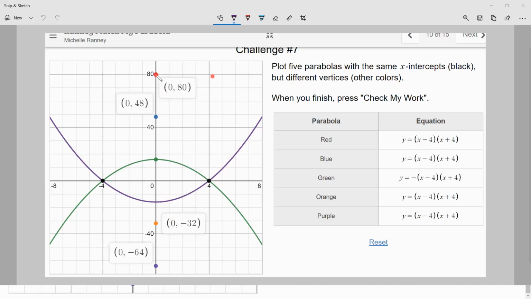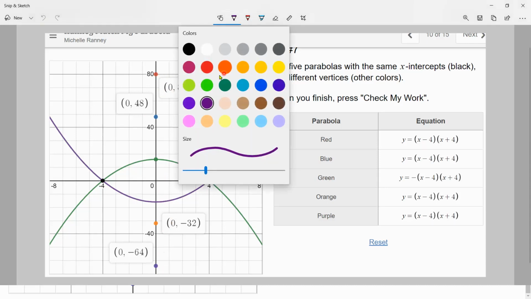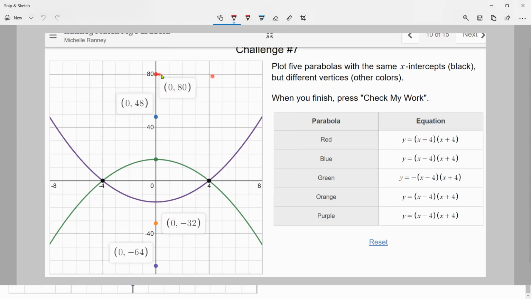If I want this vertex to be at 0, 80, what I'm going to do is count. I'm going out 1, 2, and I'll draw it in red. I'm going to go out 1, 2, 3, 4, and basically down 80.